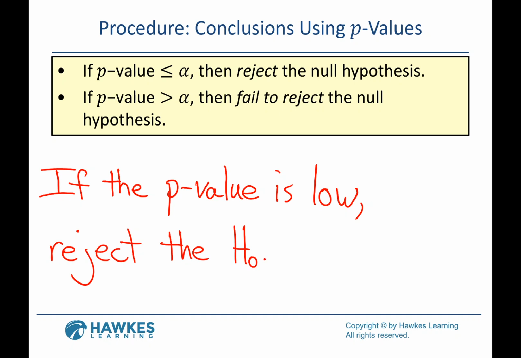It rhymes, right? If the p-value is low, reject the ho. It's funny. It makes you remember it. If not, if the p-value is not small enough, then fail to reject the null hypothesis. So that works pretty well. Usually will stick in people's memory.